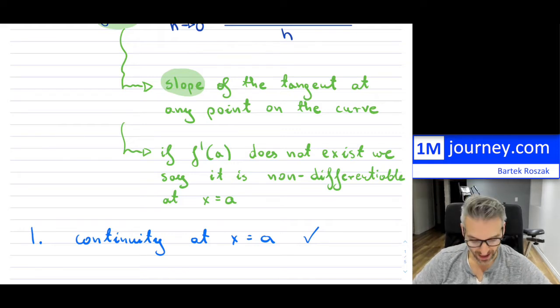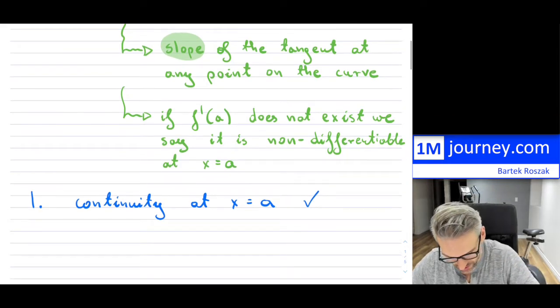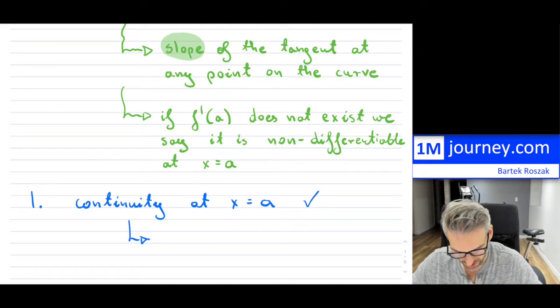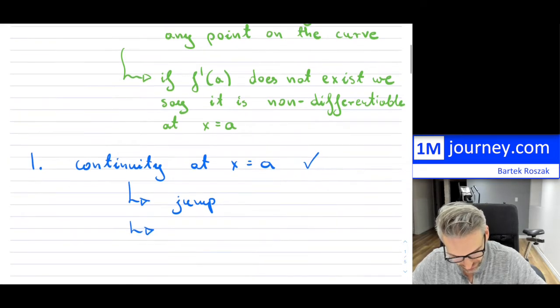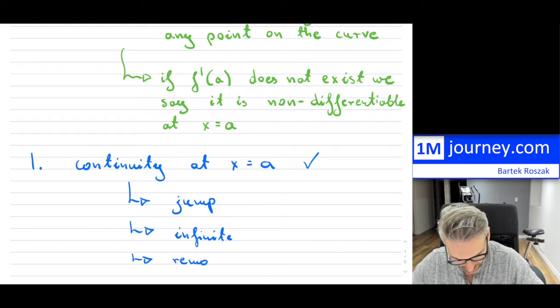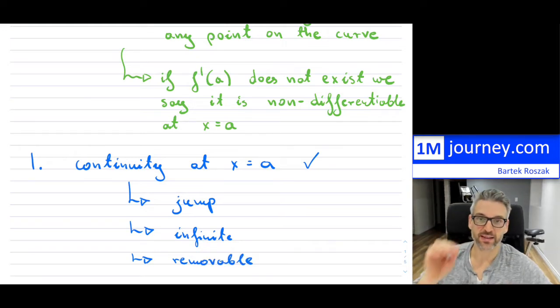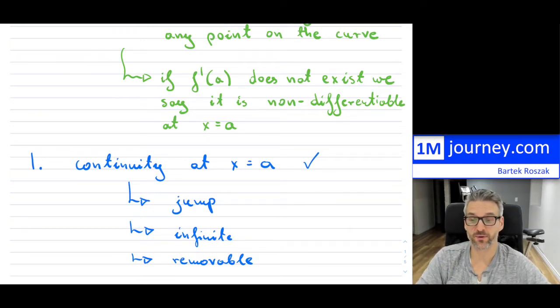And if it is not met, if it is discontinuous, it could be three different types of discontinuities. It could be a jump discontinuity. It could be an infinite discontinuity. And it could be even the tricky one, which is the removable discontinuity. Now, the interesting part is that the limit for the removable discontinuity can exist, right?